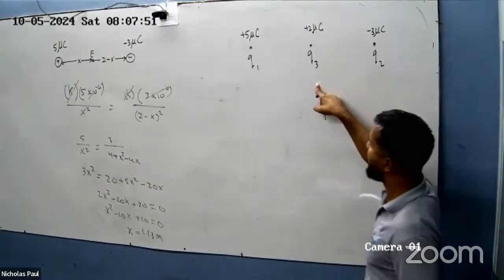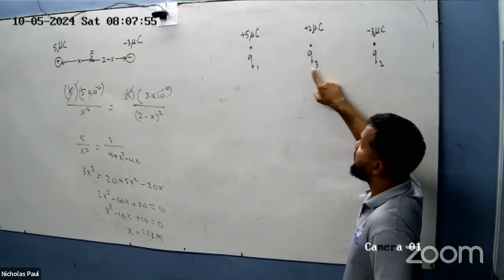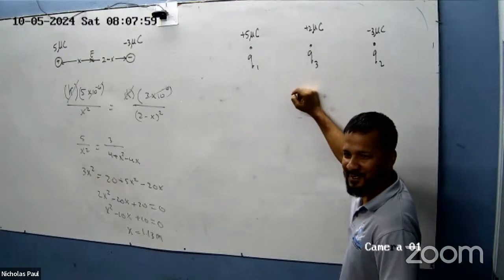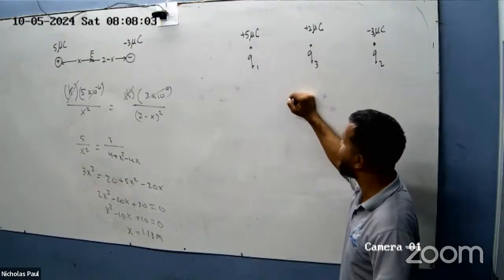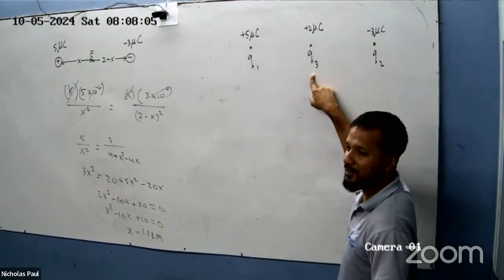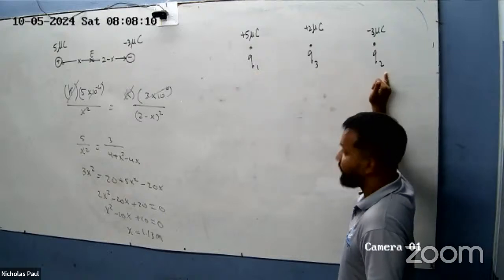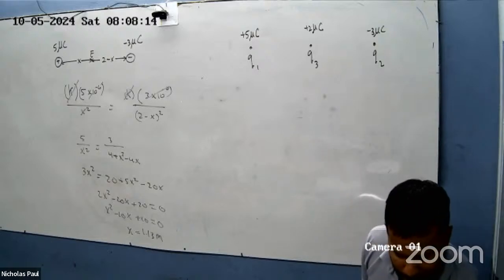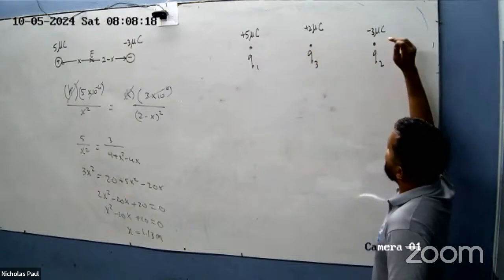Right, so the electric field strength here, due to what? It's due to Q1 and Q2, right? Right, so find the electric field strength due to Q1 and Q2.